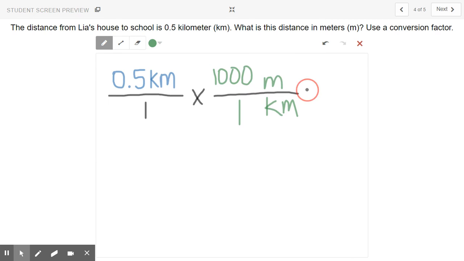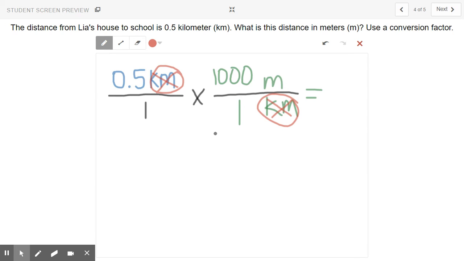And now we just multiply. And when you multiply, see if you can simplify anything early. That includes the numbers and the labels. I noticed that I have a numerator kilometers and a denominator kilometers. They cancel each other out, so we're left with just the numbers. Now 0.5 and 1, nothing could happen.